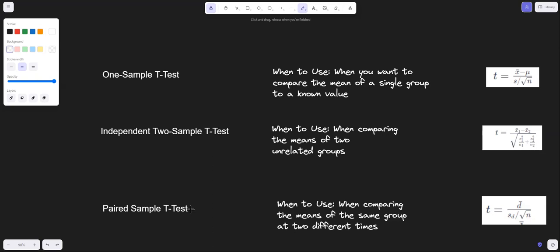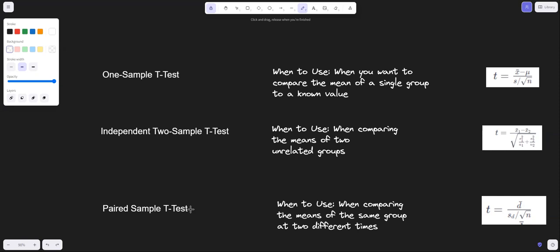To give you an example, let's say there is a class of students, and you want to compare the mean height of this class with a known value, which is the nation's mean height.